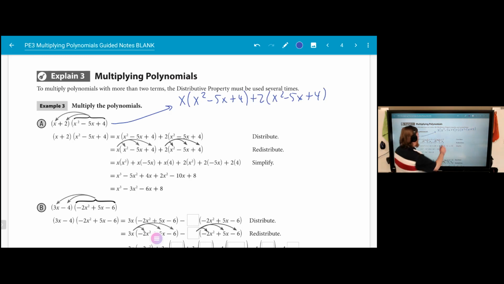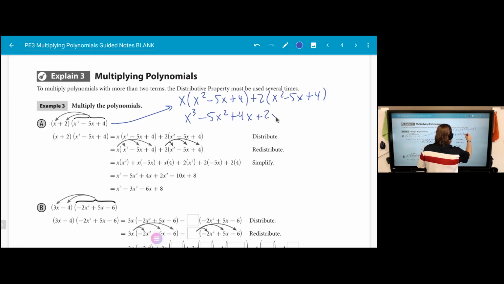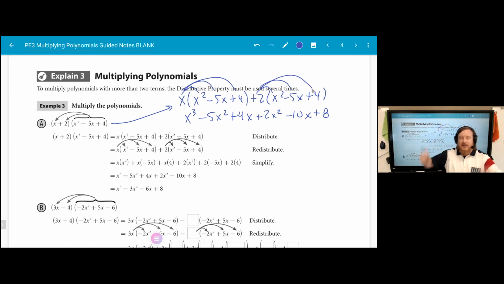We distribute through again. We get x cubed minus 5x squared plus 4x plus 2x squared minus 10x plus 8. Lots of distribution. Think of distribution: you're handing it out to everybody. You're distributing that constant through or the variable through.